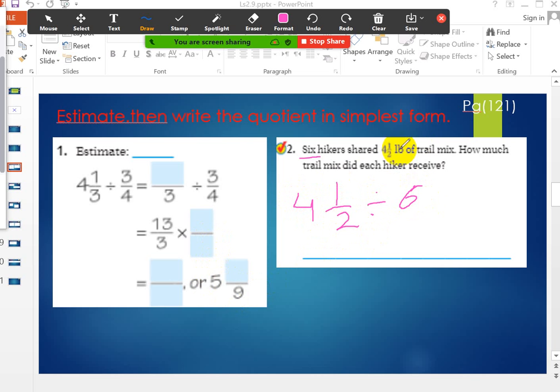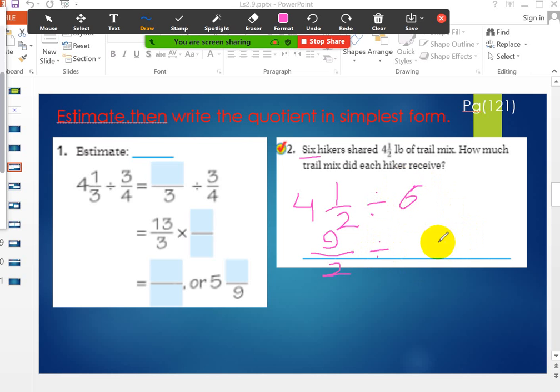So if I want to divide, yesterday we talked about how to divide a mixed number on a whole number. So you have to write both numbers as a fraction. So we have to multiply 4 with 2 and add the answer for the numerator. So 4 multiplied by 2 equals 8, plus 1 equals 9 over 2. Divided on 6, a whole number.